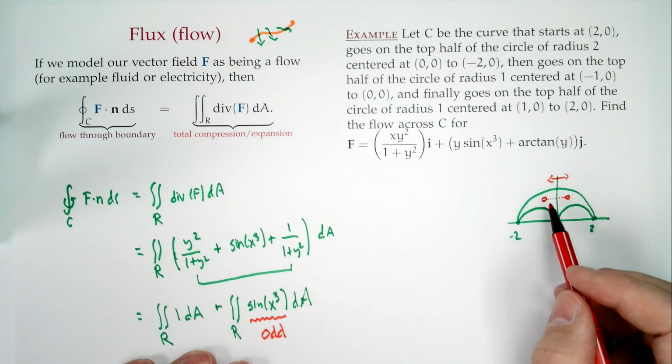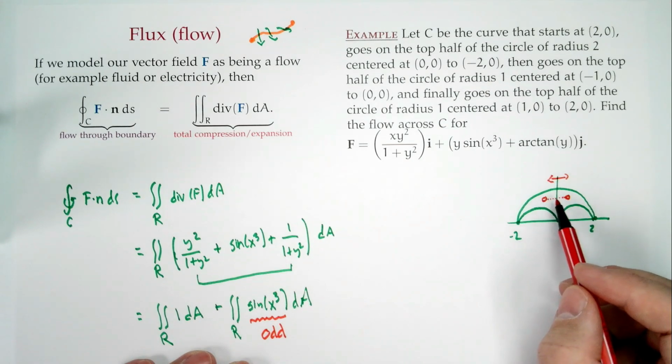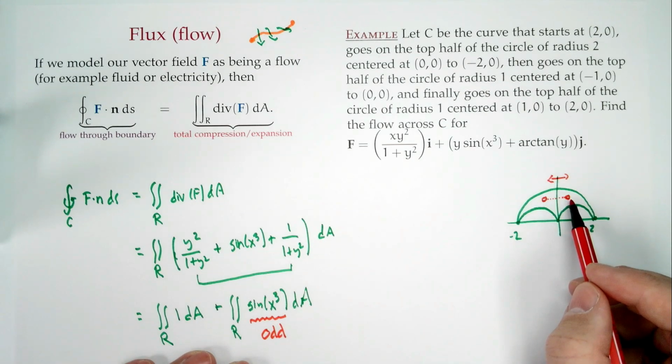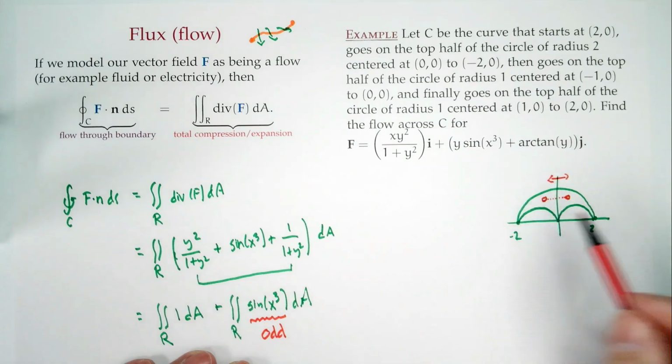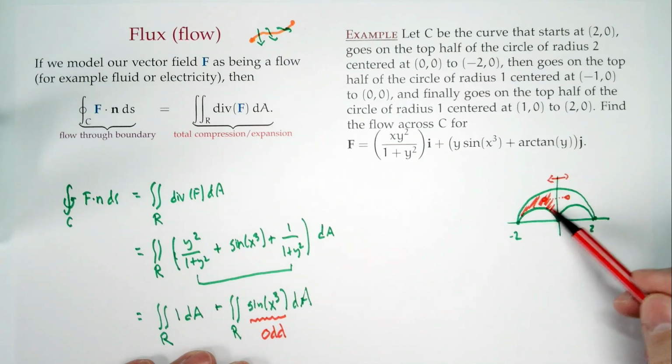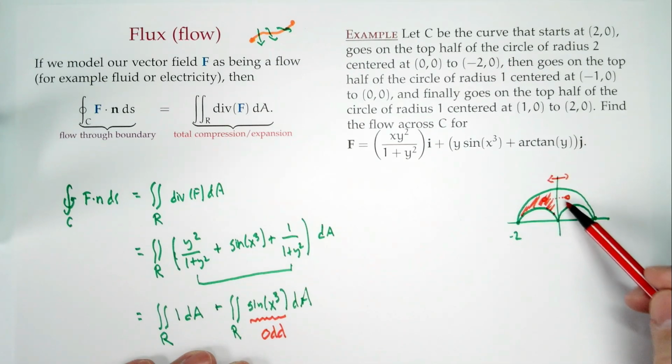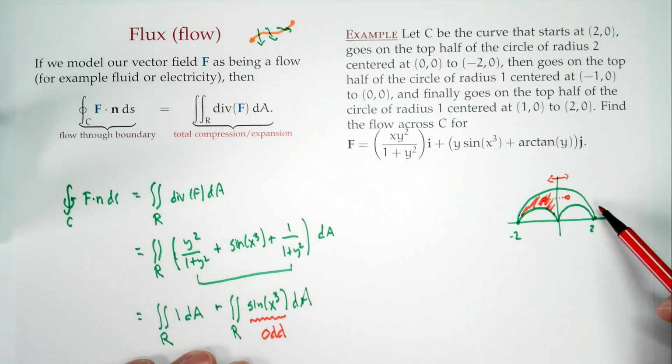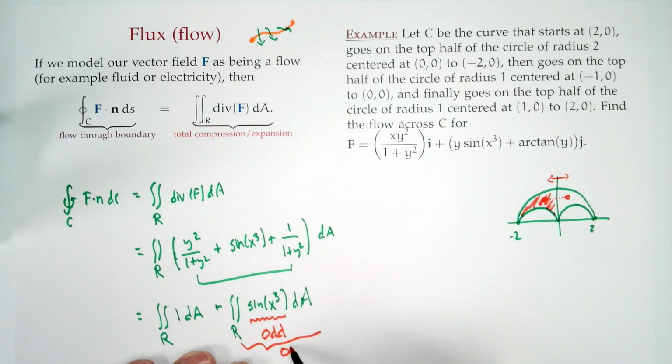So it means that the contribution from here will cancel out the contribution from there. And that's always going to be consistent. So the contribution from the left-hand side is going to cancel out the contribution from the right-hand side, which means that this part is 0 by symmetry.